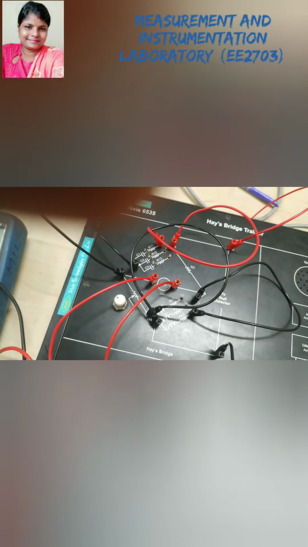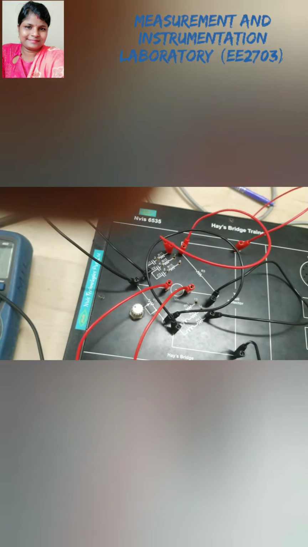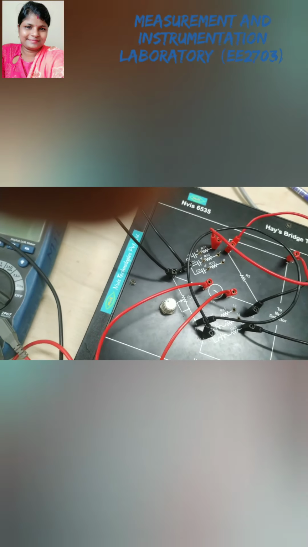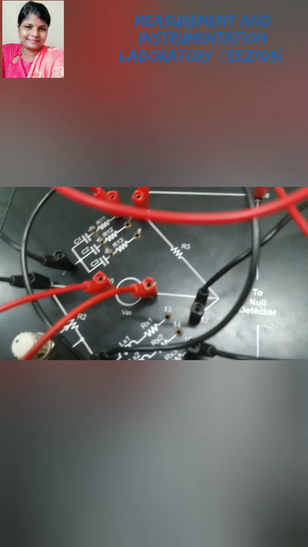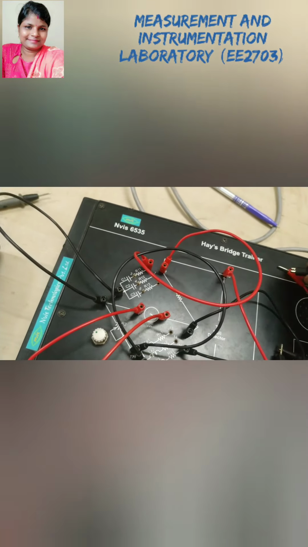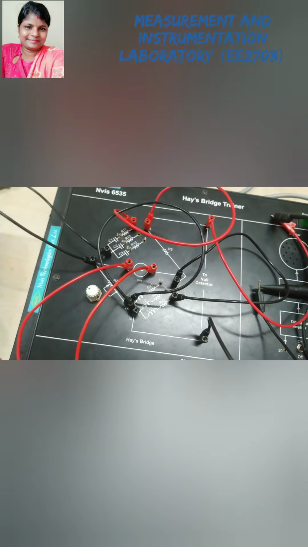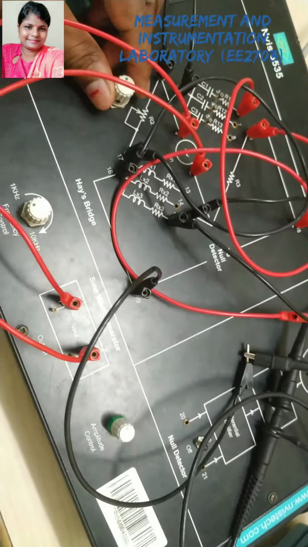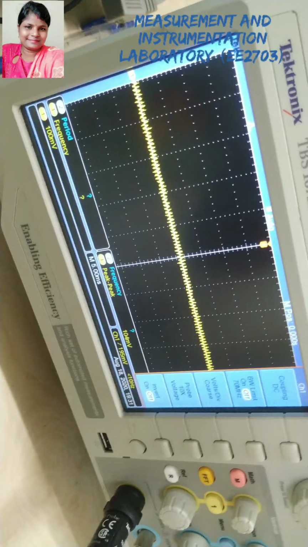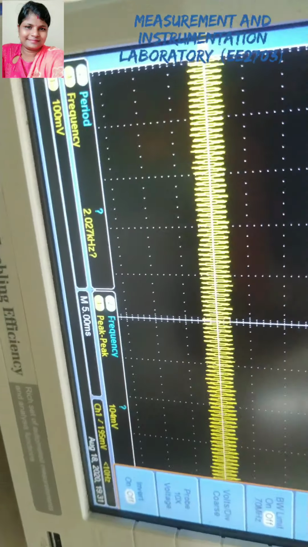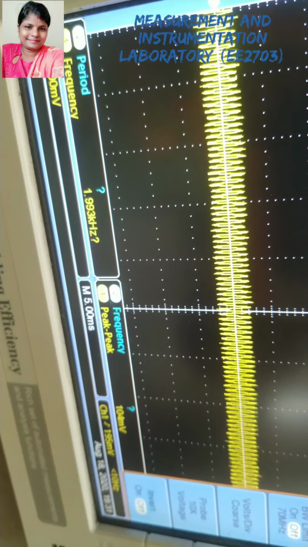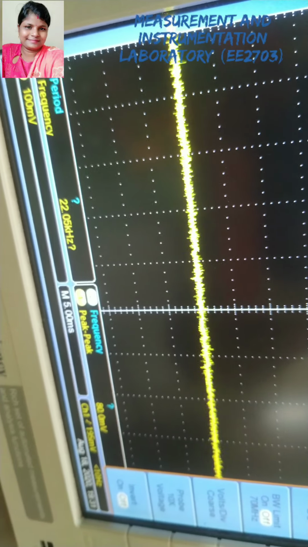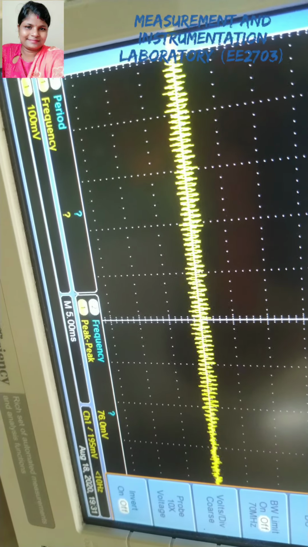This CRO probe is connected to 18 and 19. Then switch on the power supply and rotate the potentiometer R2 and check the value of peak to peak voltage, where voltage is minimum and less noise is coming, 40 millivolt.